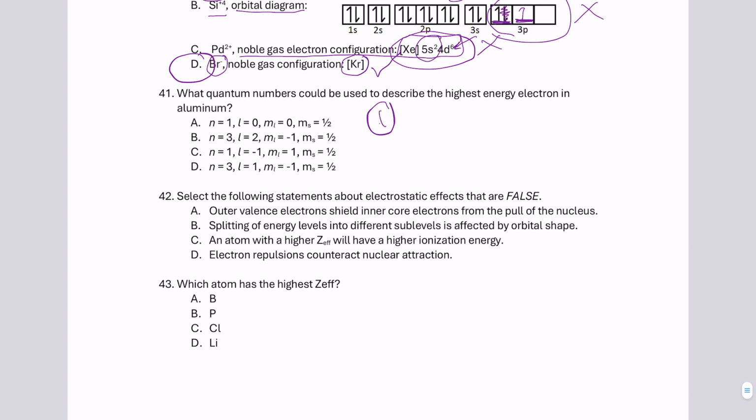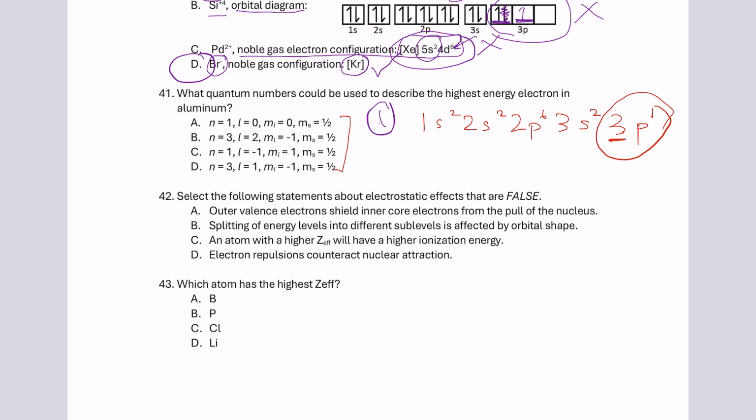So let's copy that down. 1s2, 2s2, 2p6, 3s2, 3p1. So this problem wants us to figure out which set of quantum numbers could describe the highest energy electron in aluminum. That's going to be the 3p1 electron.